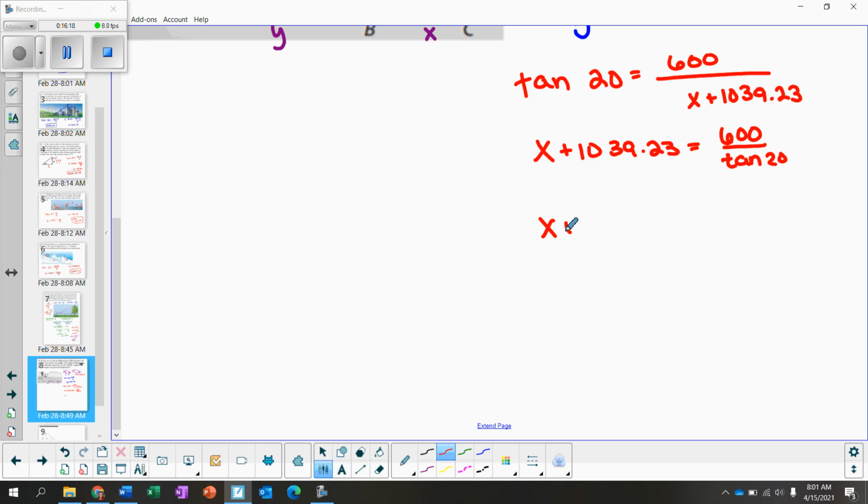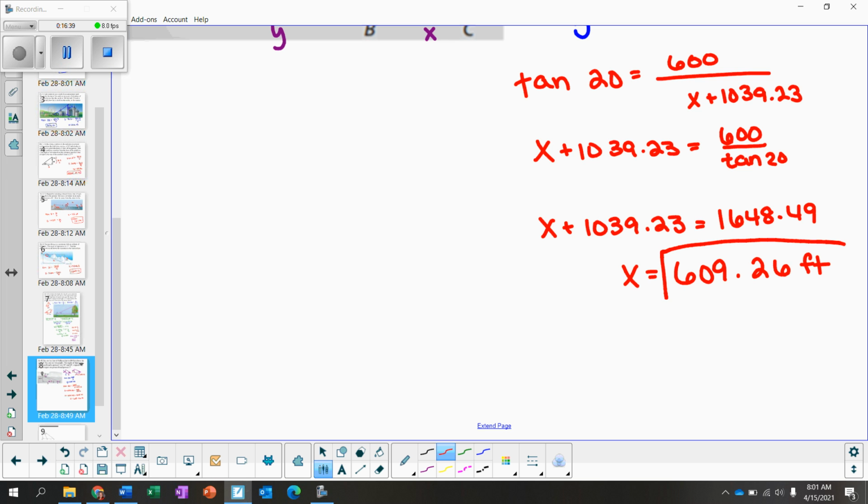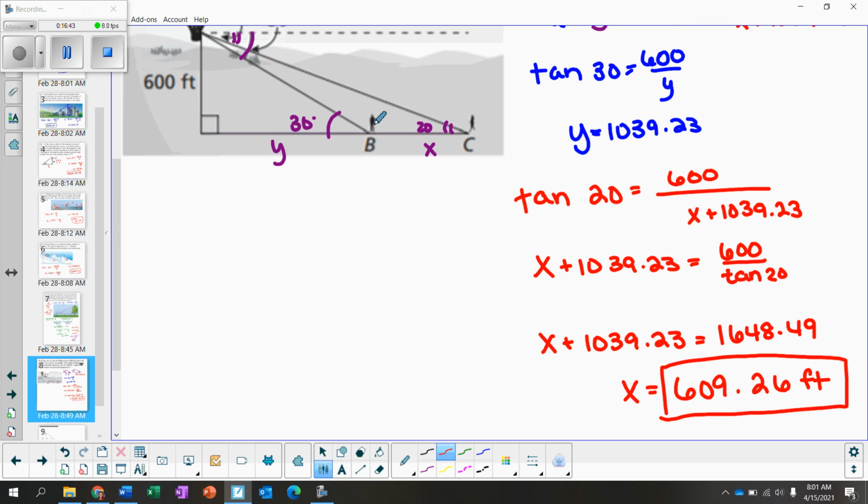So I end up with 1648.49. So now I'm going to subtract the 1039.23 from both sides, and I get 609.26 feet. But they didn't specify what to round to, so we'll just go to the 100. So that's how far apart person B and person C are.